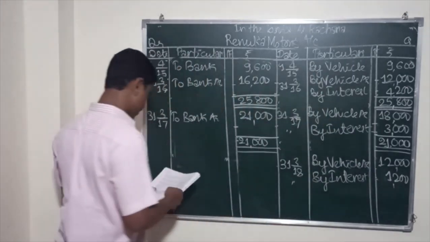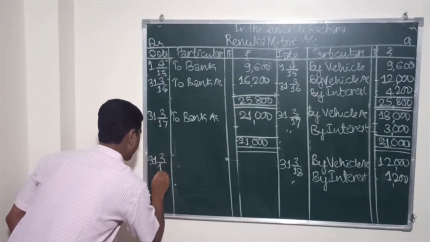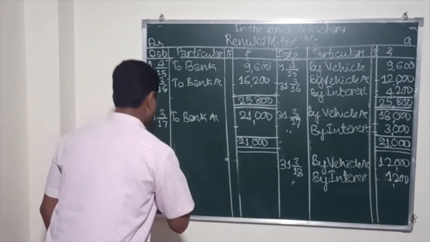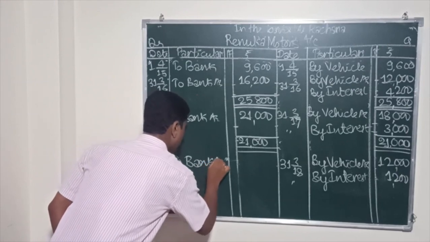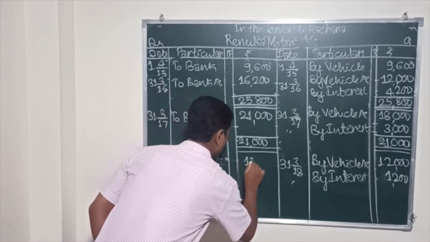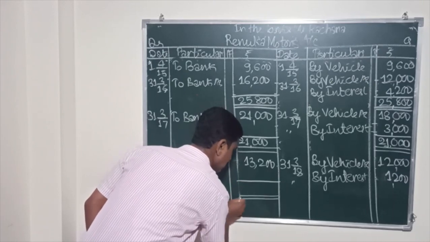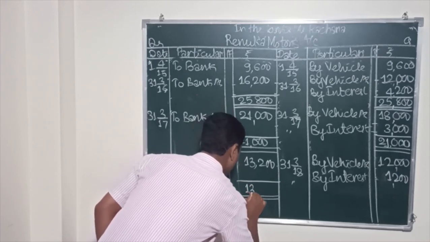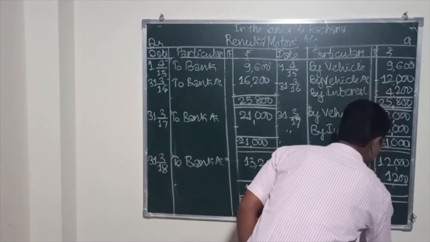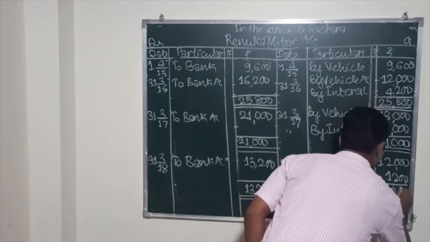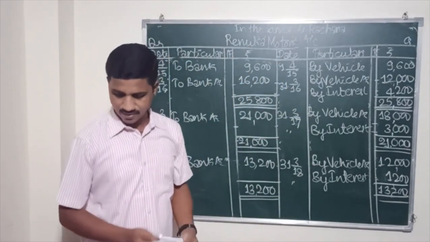So the final installment, that is 13,200, is paid on 31/3/18, then the entry will be Renuka Motors account debit to bank account. So 13,200. Here also 13,200. So this is how we should prepare the hire vendor's account and the vehicle account in the books of the hire purchaser.